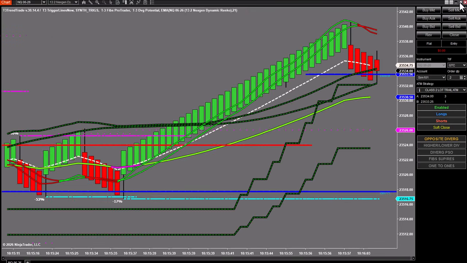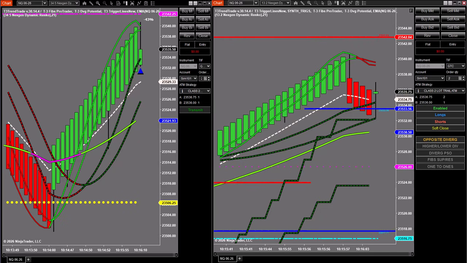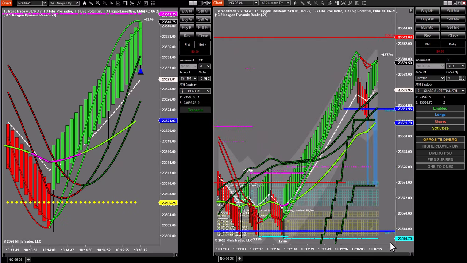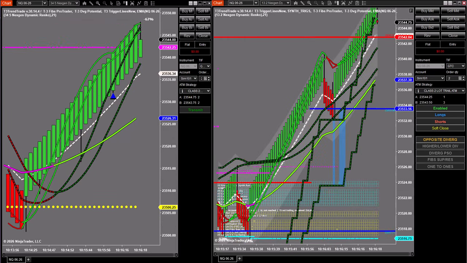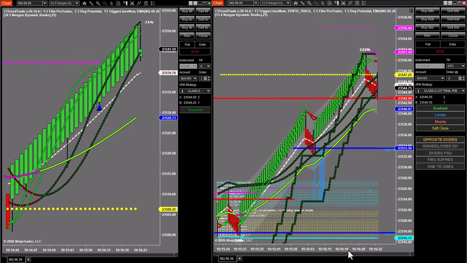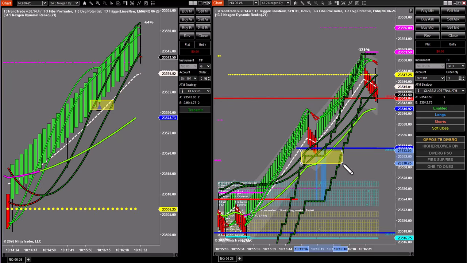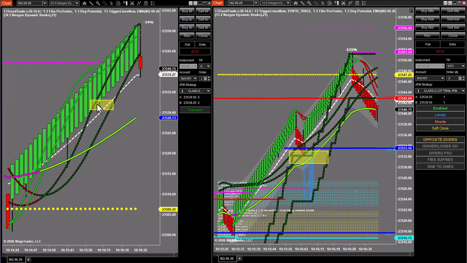Let's go back and see what we got going on here. All right, so why is this thing not generating? There we go. So again, oops. I can't really trade this. I mean, I hate to say it. I mean, we might be able to if we've got some time, but this is exactly the spot where we've got our inside the trigger lines. We've got a teeny tiny little tail.